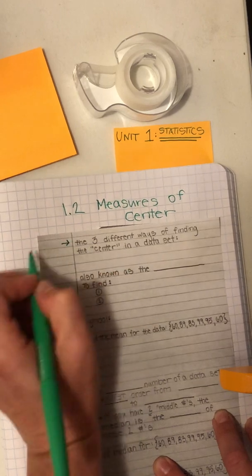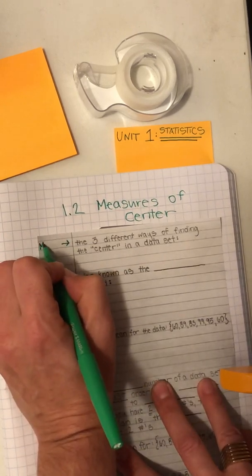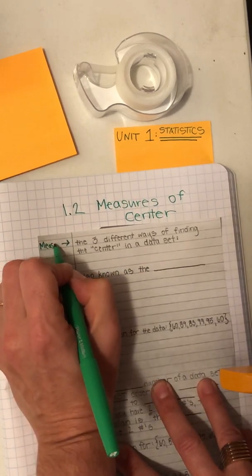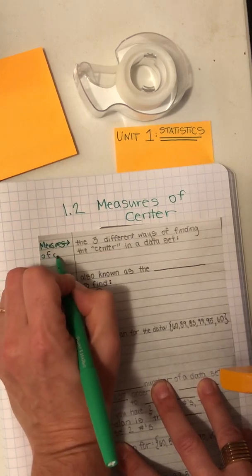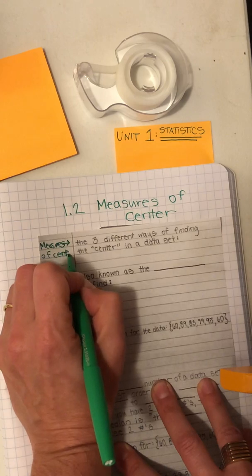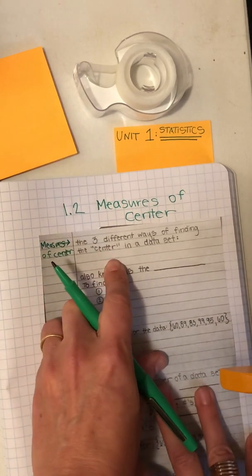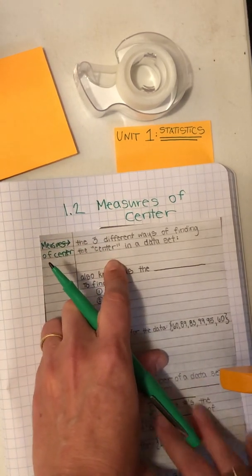So right here is your measures of center. The 3 different ways of finding the measure of center in a data set. Hopefully this is a little bit of review.